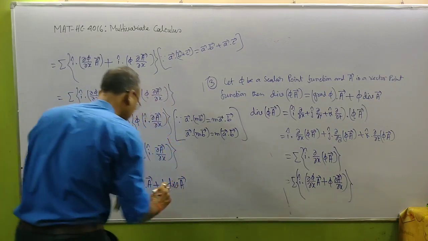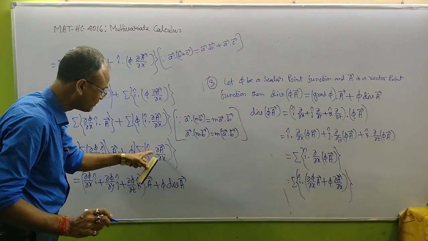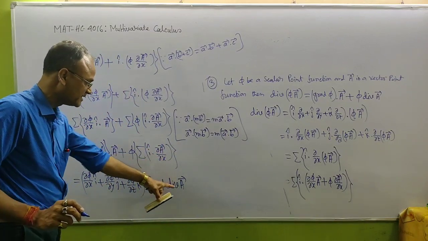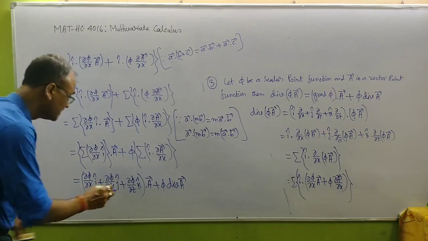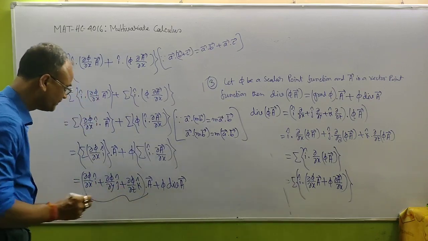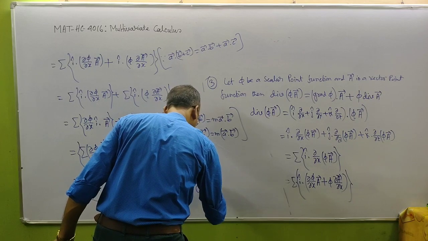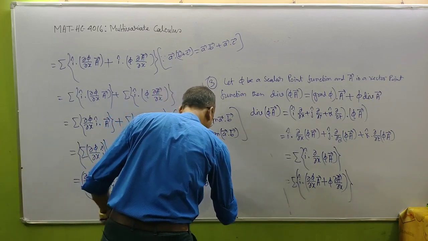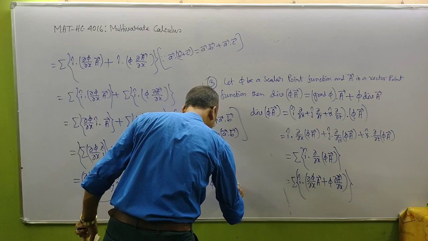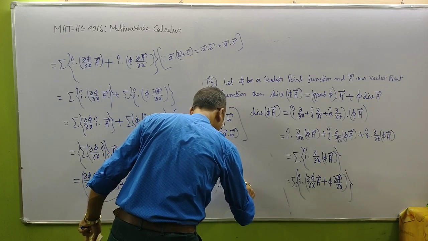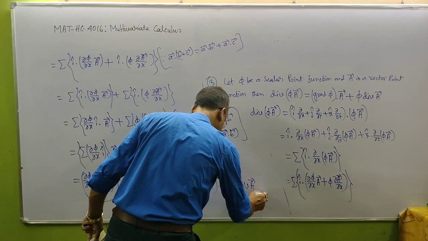Because summation i cap dot ∂A vector/∂x is divergence of A vector. What is this? It is gradient of phi. This is equal to gradient of phi dot A vector plus phi divergence of A vector.